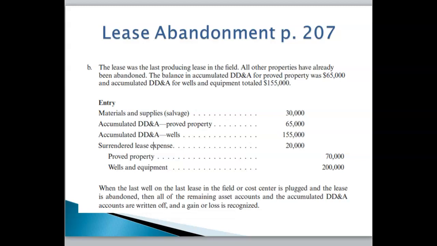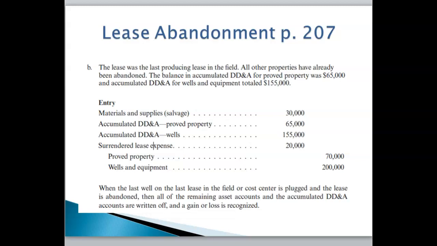Building our journal entry, for the amount to be salvaged of $30,000, we're going to debit materials and supplies. We're going to write off the asset next, so we're going to credit proved property for $70,000, and we're going to credit wells and equipment for $200,000.